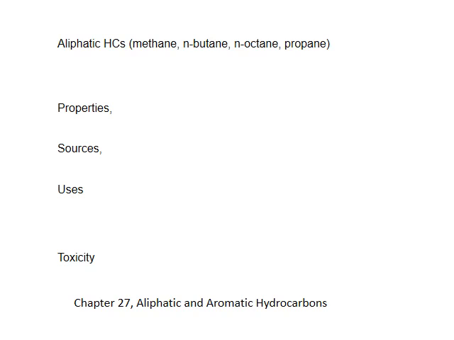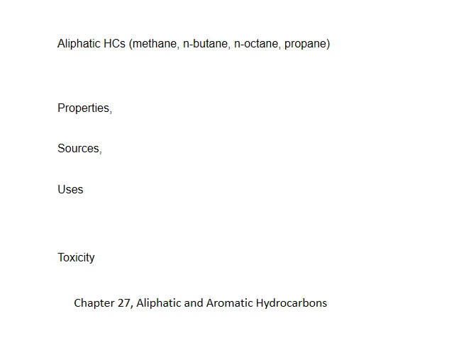Okay, so here we've talked about 4 aliphatic hydrocarbons. We've talked about their properties. We've noticed that they're all flammable. We've talked about where we get them. And they're all coming either out of nature itself, like methane, or from the distillation process of crude oil. We've talked about the various uses, and we've talked about the toxicities. And what we've seen here is most of these have an asphyxiant property.